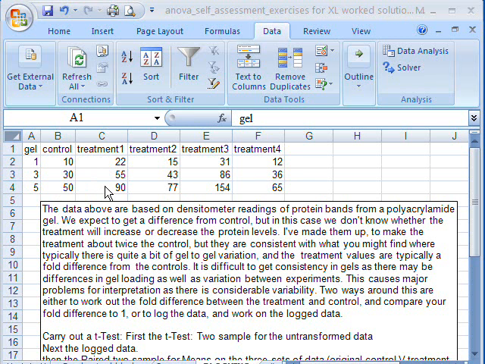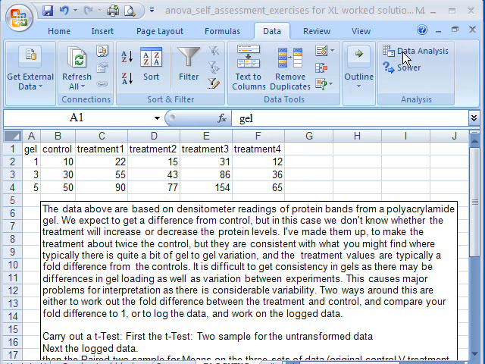And you saw how by logging and by using a paired t-test we could dramatically improve the significance of the analysis. I've extrapolated that here to include 4 different treatments and a control. So you couldn't analyze this by t-tests because there's more than 2 separate treatments.